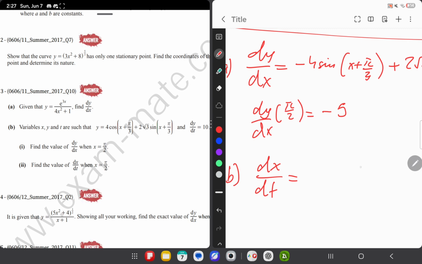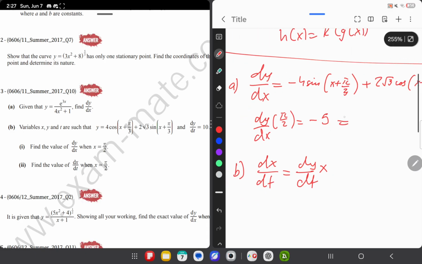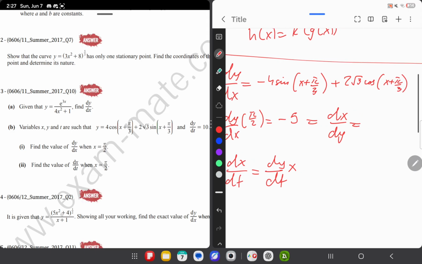Dt is in the bottom, so we know dy/dt is this. You want dx on the top and dy in the bottom. We fix that by taking the inverse of this. We flip this fraction literally. What do you get? dx/dy at pi over 2. You get -1 over 5.